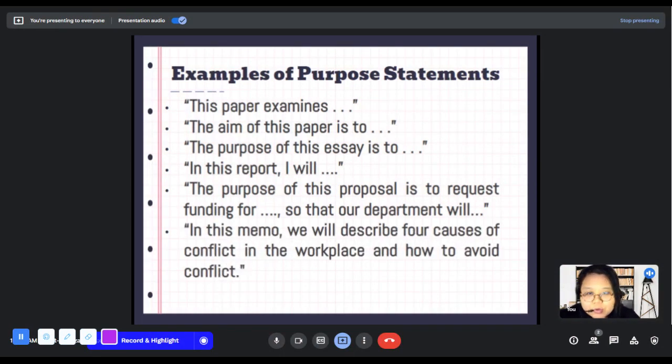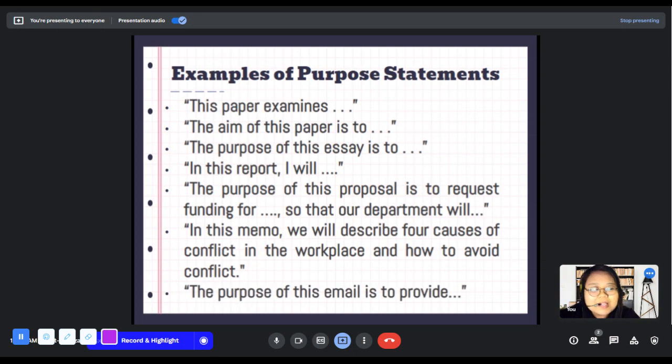In this memo, we will describe 4 cases of conflict in the workplace and how to avoid conflict. Later on, in part 2, we'll be talking about the project proposal. Next, the purpose of this email is to provide. We don't let our readers guess what we are going to talk about. We deliver it to them.